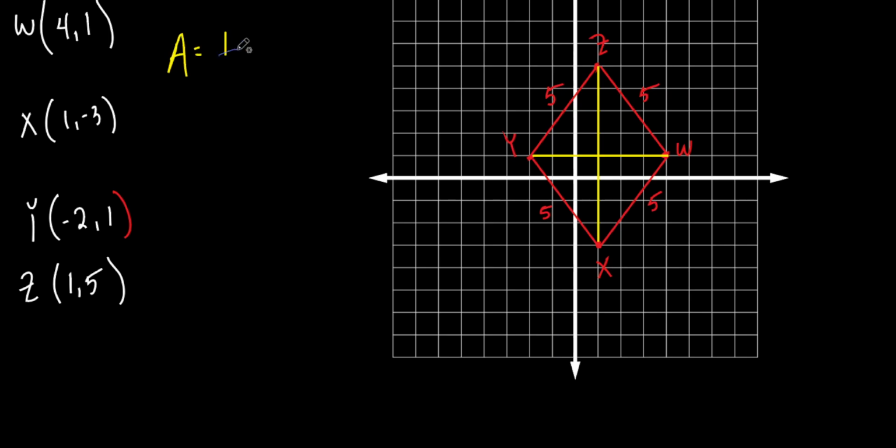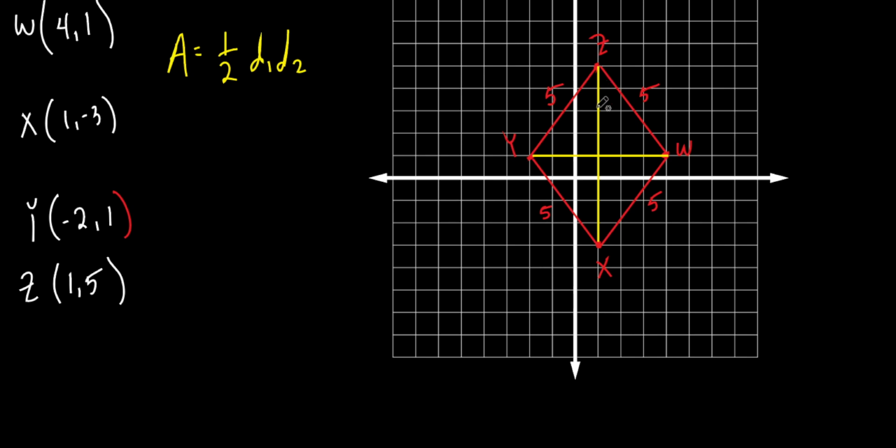It's half what? D1, D2, correct? So, look at this. They made it kind of easy for you because you could put the distance in here, find the distance of ZX, right? This one and this one. But you could just count if you did it on graph paper, couldn't you?